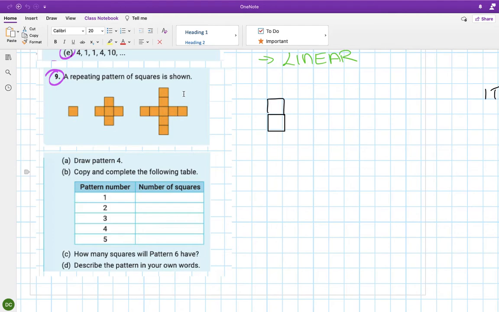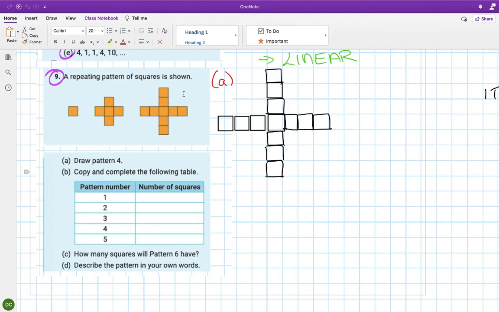So 1, 2, 3. And then I need 3 to the right. 1, 2, 3. 3 down. 1, 2, 3. And then 3 to the left. 1, 2, 3. So I think that would be the next pattern.